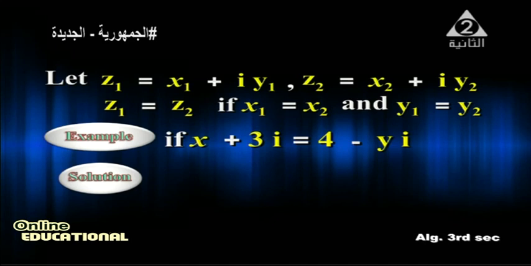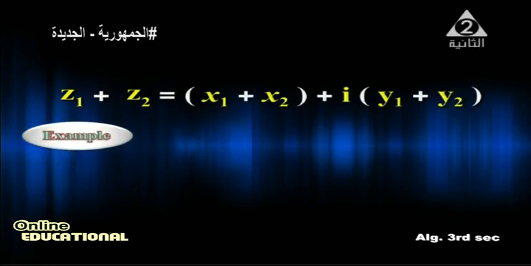If we have x plus 3i equals 4 minus yi, x equals what? 4. Real is real. y equals negative 3. Imaginary is imaginary. Z1 plus Z2, we add real with real and imaginary with imaginary.